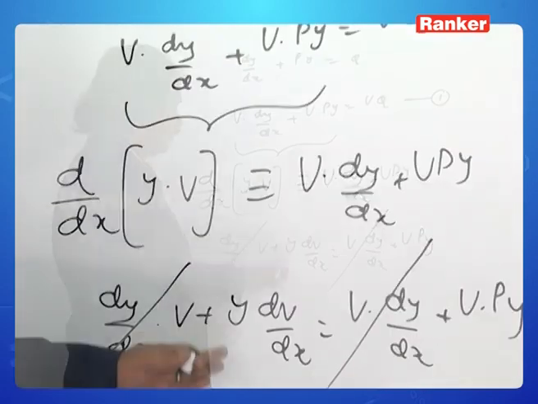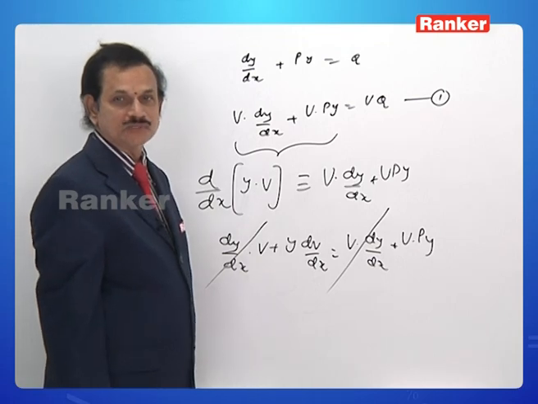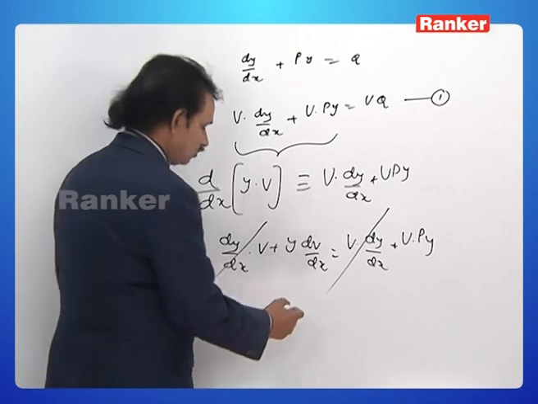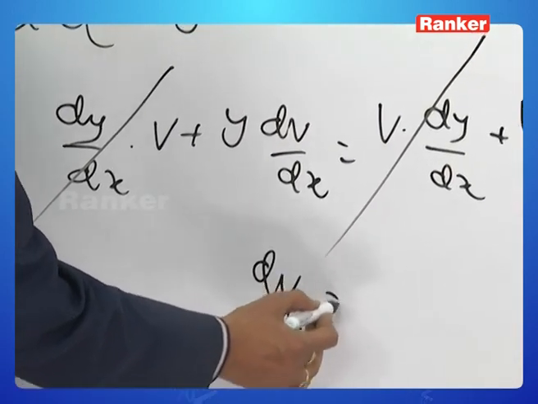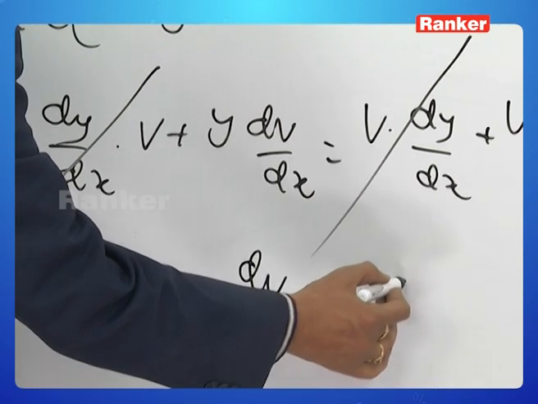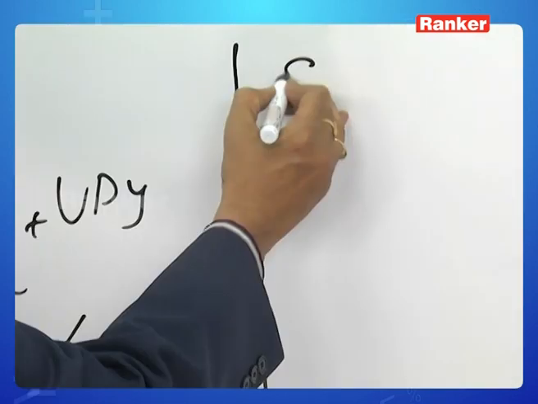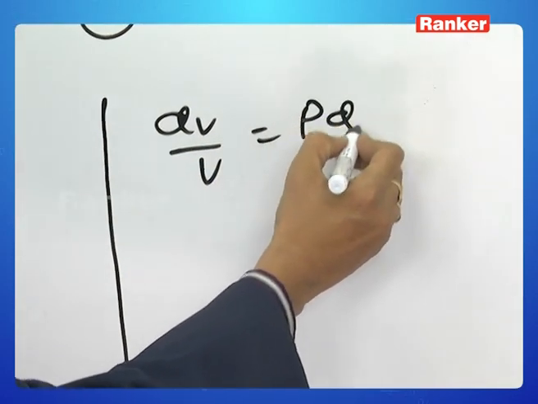Now you have y into dv by dx is equal to v into py at your disposal, and in this you can cancel y also. Therefore you have dv by dx is equal to v into p. Good. Therefore dv by v is equal to p dx.